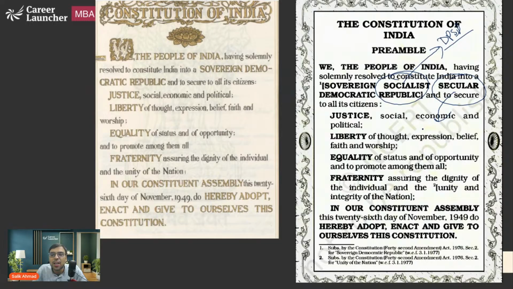So it was originally also there: Article 14, equality before law, Articles 324, 325, 326, universal adult franchise, and Article 25, right to freedom of religion. So basically, these are symbolic in nature. It isn't that you added them in the 42nd Amendment and suddenly India became secular or socialist. No, it was there even originally. But these are symbolic terms that were added later on. These 3 were added by the 42nd Amendment, 1976.